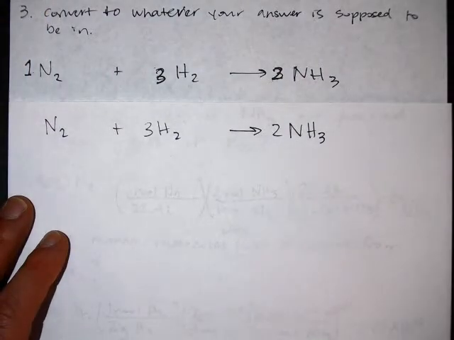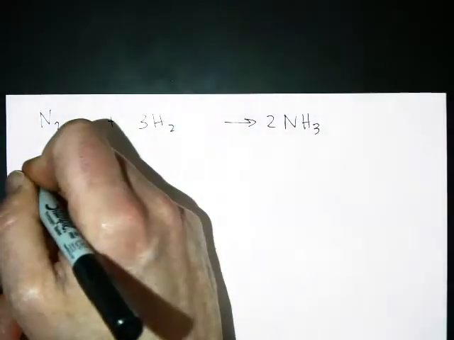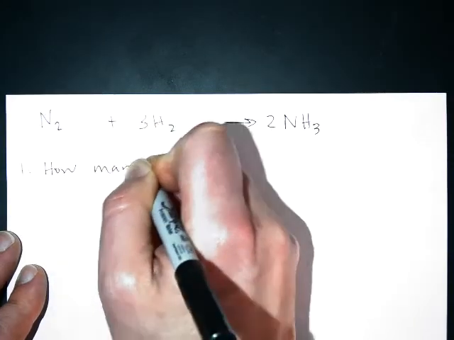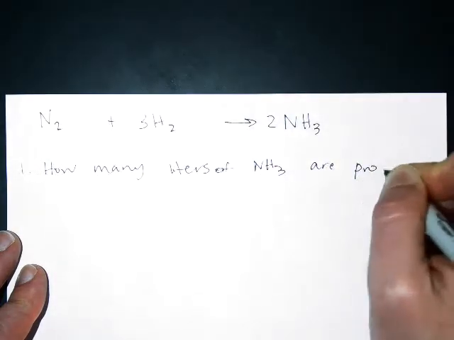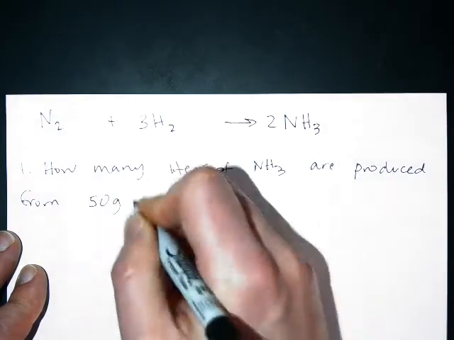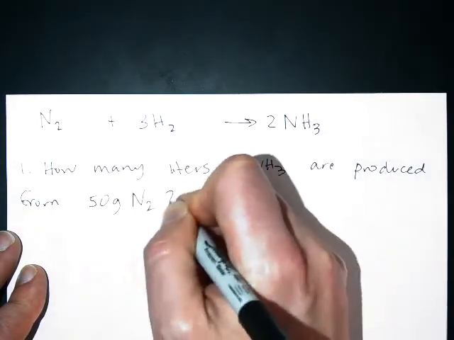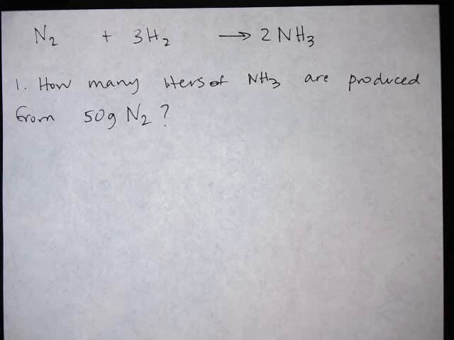And I might ask you questions like, I'm sorry, I can get rid of that now, can't I? So if I ask you how many liters of NH3 are produced from 50 grams of N2, that problem's a little bit different than yesterday because we're not dealing just with grams and grams, we're dealing with liters now, which means you're going to use the mole wheel a little bit differently.